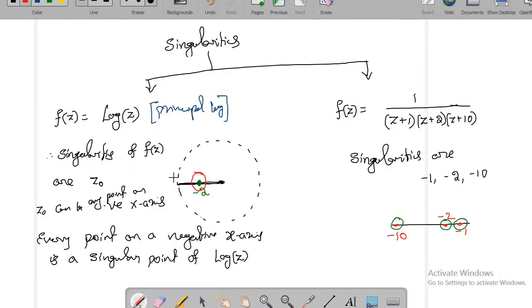Because many points are coming inside that neighborhood, right? Because every point on this line is a singular point. Therefore, here we cannot isolate the singularity, whereas here we can isolate the singularities. So we are going to classify singularities into 2 types. One case is isolated singularities, isolated singular points, and here non-isolated.